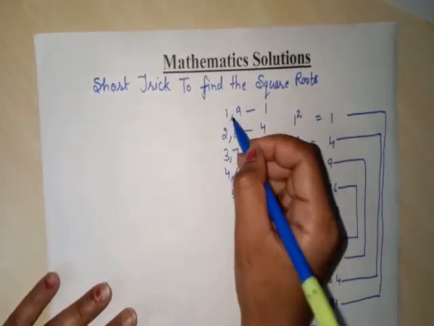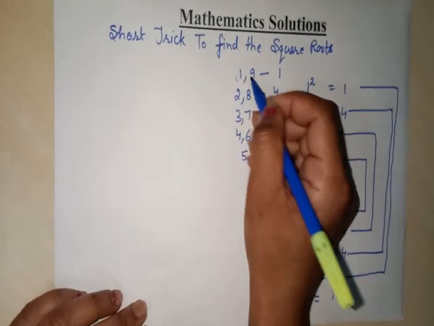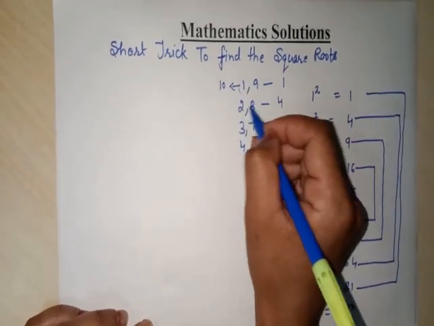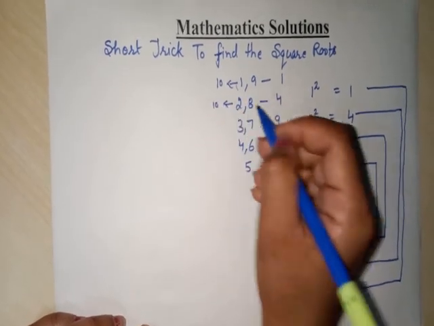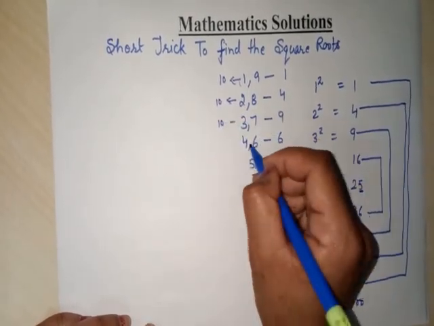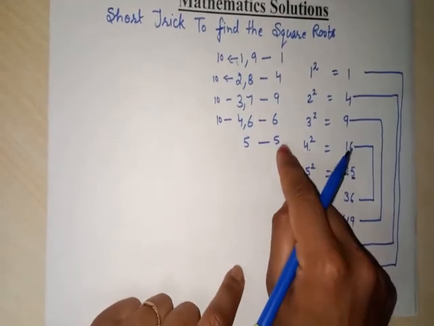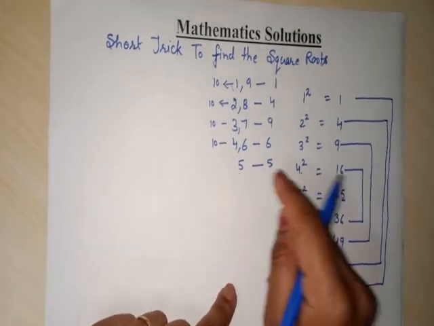Here you can see that in each of these the sum of these two digits is 10. 9 and 1, 10. 2 and 8, again 10. 3 and 7, 10. 4 and 6, 10. Except 5, which will occur as a unit digit only in the square of 5.